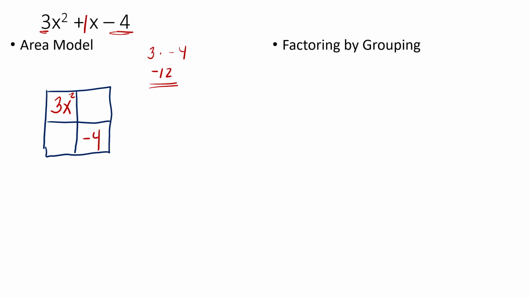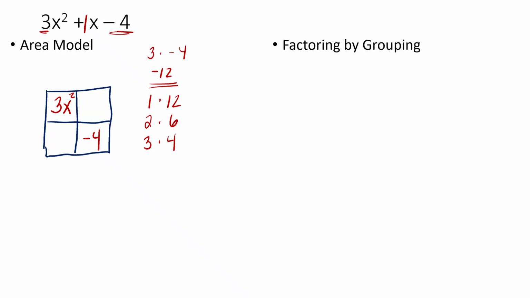Now, what I tend to do is I ignore the negative for the moment. Okay, I understand that that is a -12 and that my factors are going to need to multiply to a -12, not a +12. But for the purpose of generating the factors, I will just look at the positives. So I can get 12 by 1 times 12, by 2 times 6, and by 3 times 4.